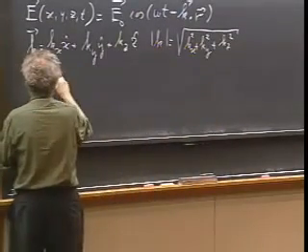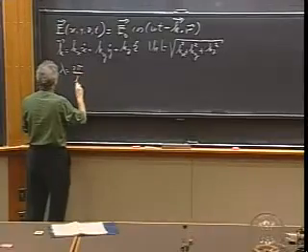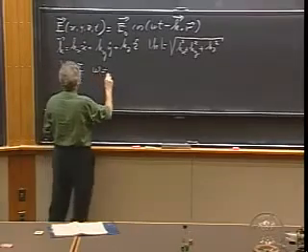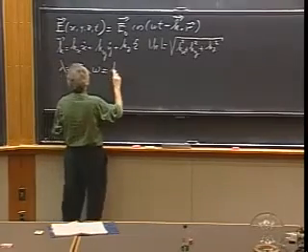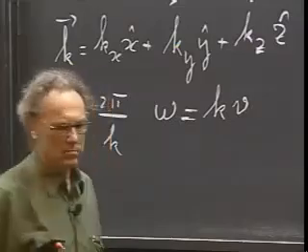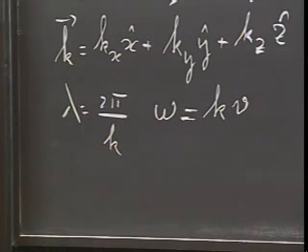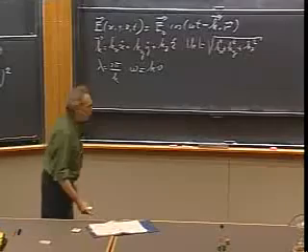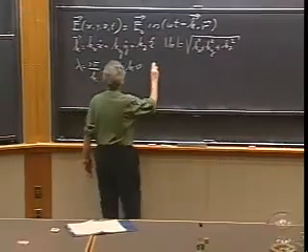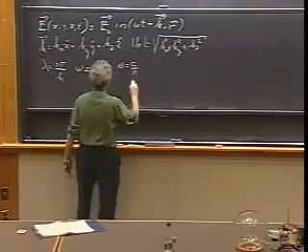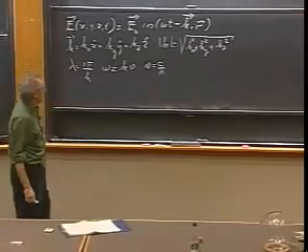Lambda is 2 pi divided by that k, and omega equals k times v. And if it is in vacuum, then v is the same as c, of course. But v then is c divided by n, if you have a dielectric.